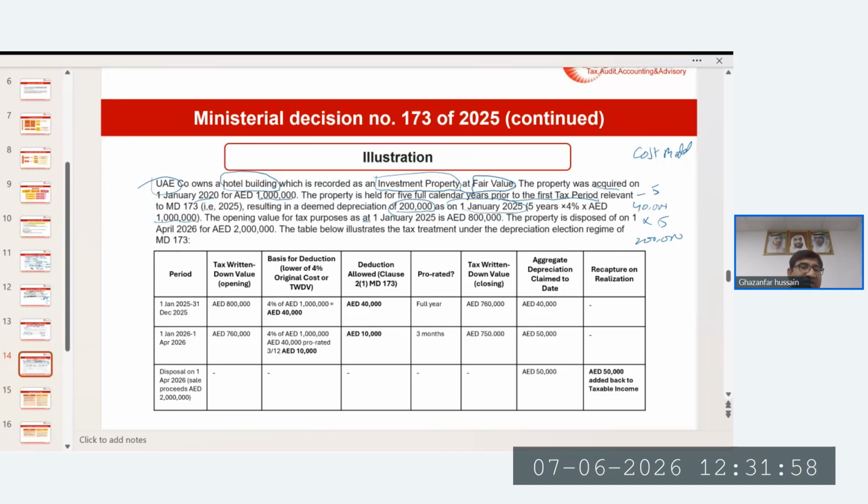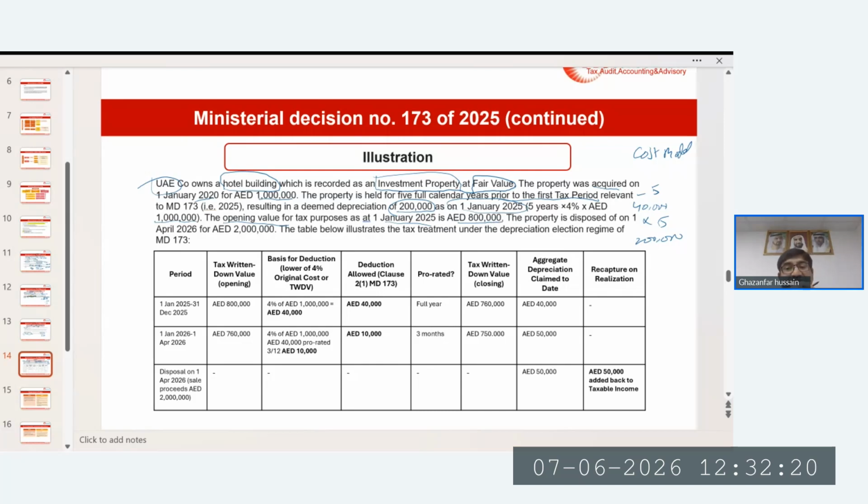Then we can calculate the tax written down value. Now the opening value and the tax written down value are both the same, as we saw in the previous example. This is the opening value for tax purposes, 800.